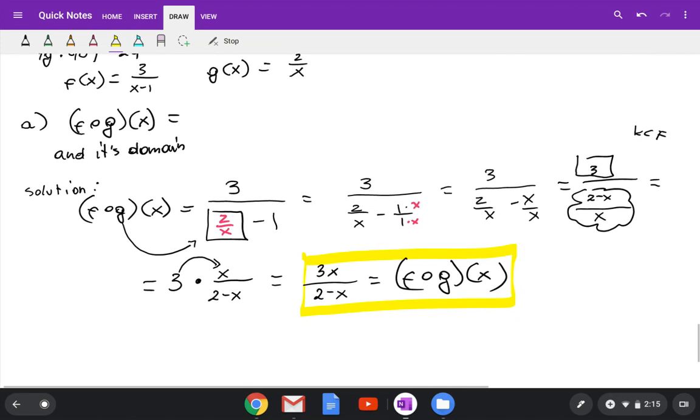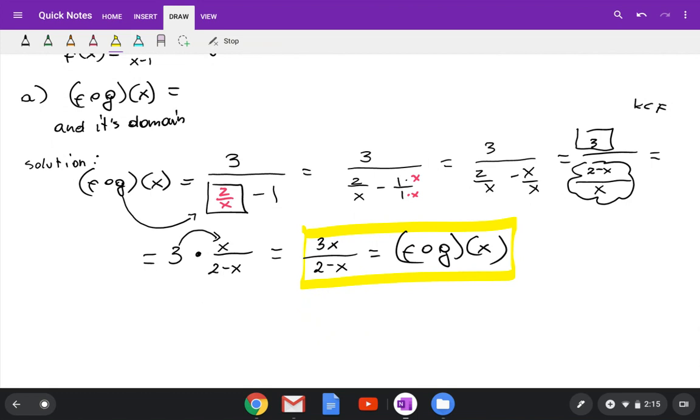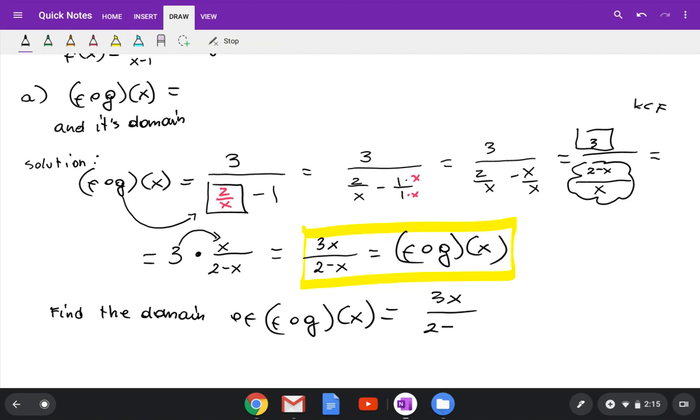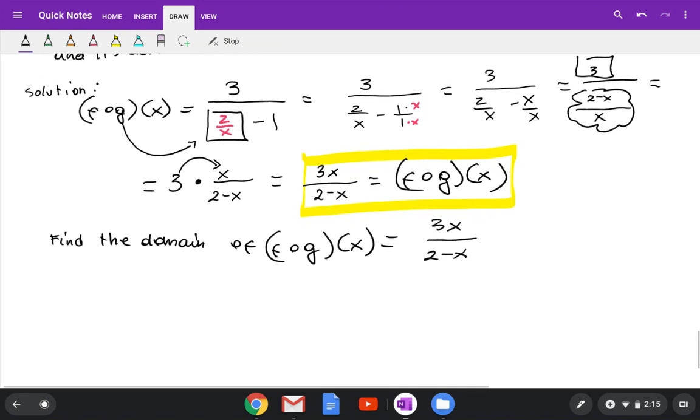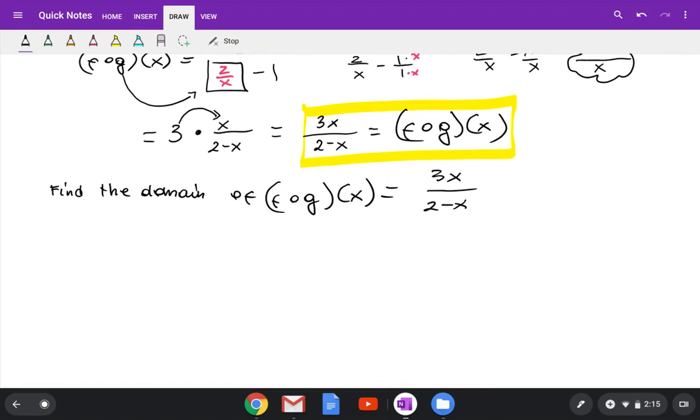Okay, now let's talk about finding the domain. Find the domain of f composed with g of x, which is 3x over 2 minus x. So use the steps which I gave you.